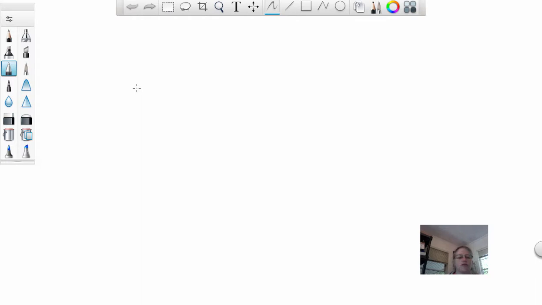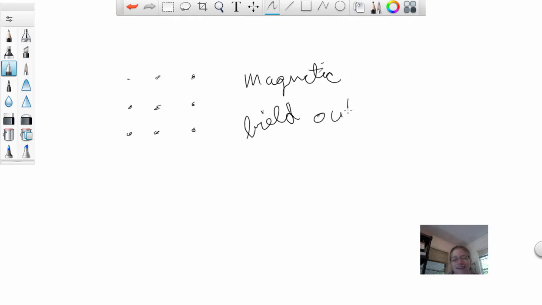So when we are denoting a magnetic field, this is actually true for any field, but we'll be using it mostly for magnetic fields, but we could use it for electric fields. When we draw little dots, this is indicating a magnetic field coming out of the page.